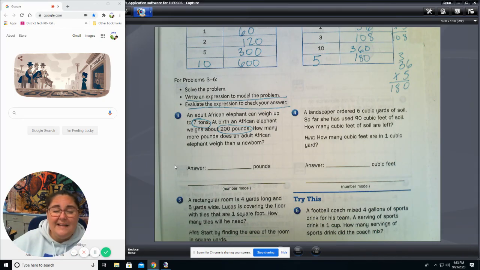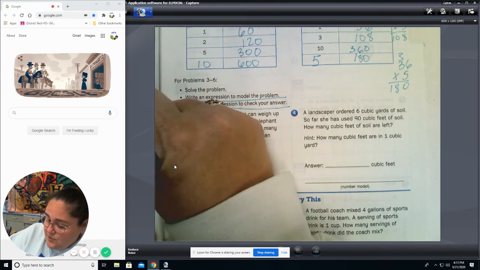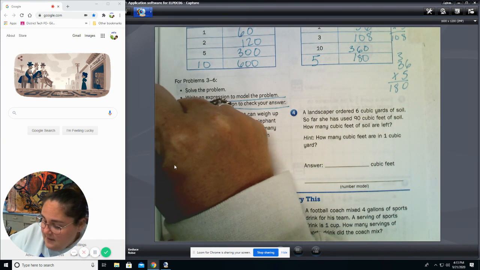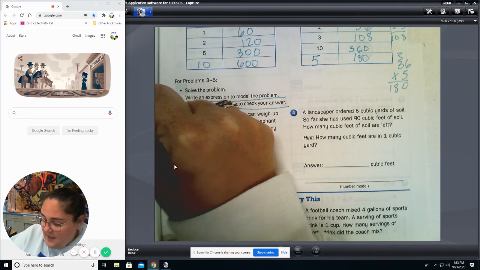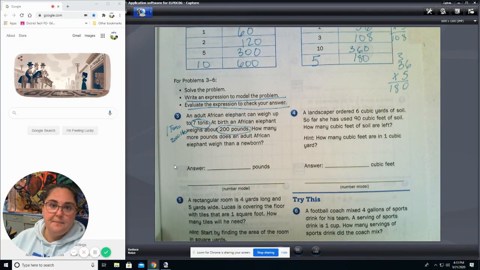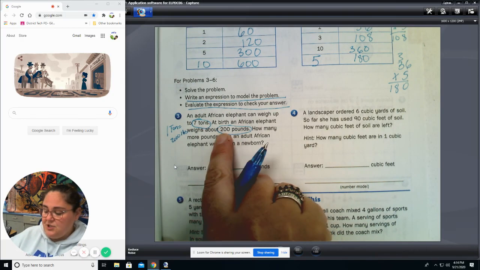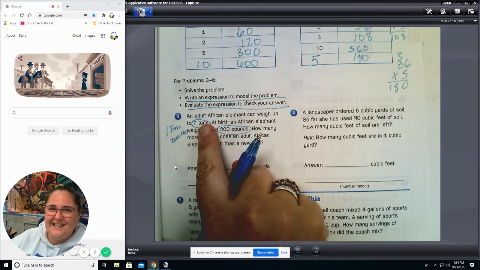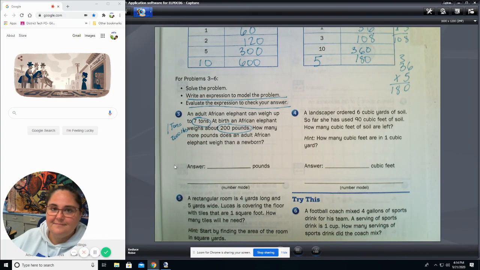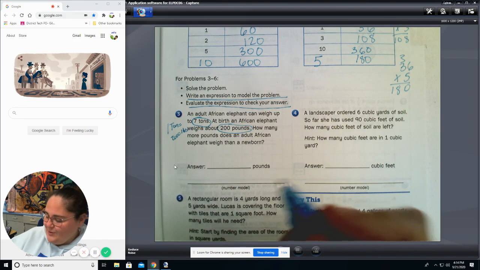I know that 1 ton has about 2,000 pounds. So 1 ton, 2,000 pounds. LBS means pounds. So is it easy to change this 200 pounds into a ton? Or is it going to make better sense to change those tons? We're going to change those tons.